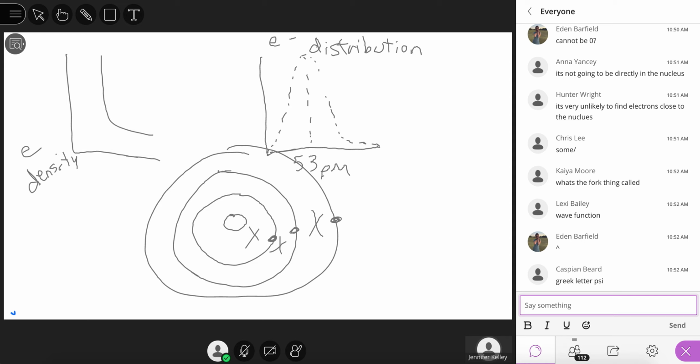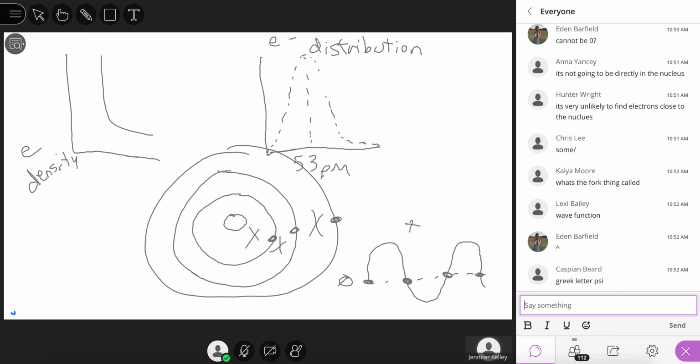So what you're going to have in the graph of the equation is nodes. We talked about nodes last time, with standing waves. A standing wave looks kind of like this, and a node is anywhere that it crosses the 0 line, assuming this dotted line is where 0 is.